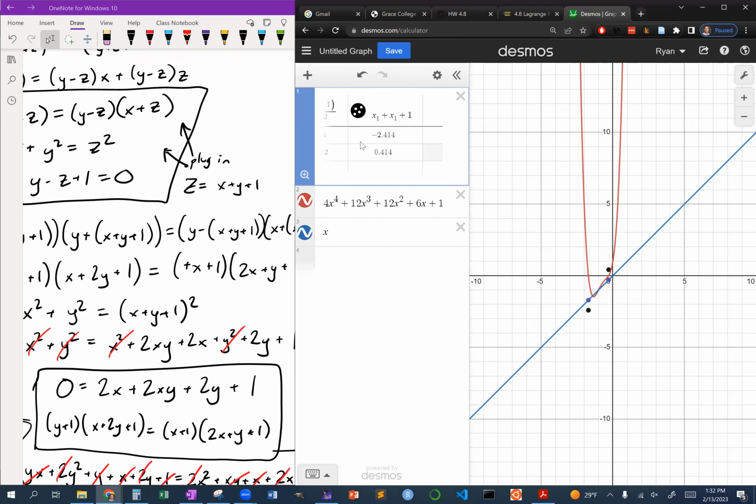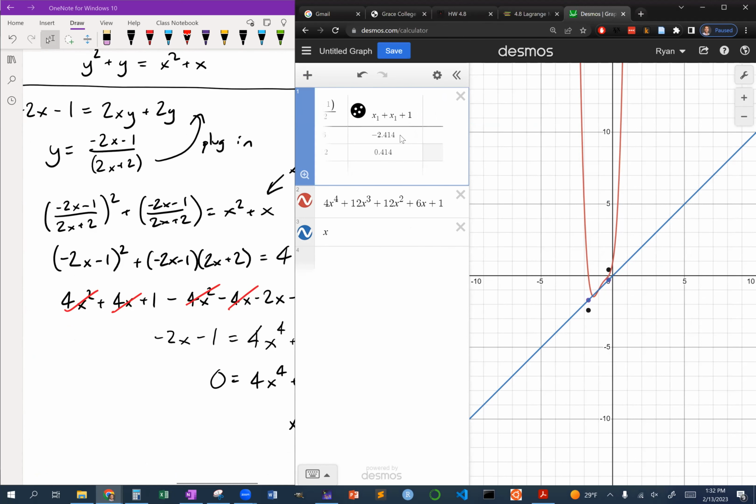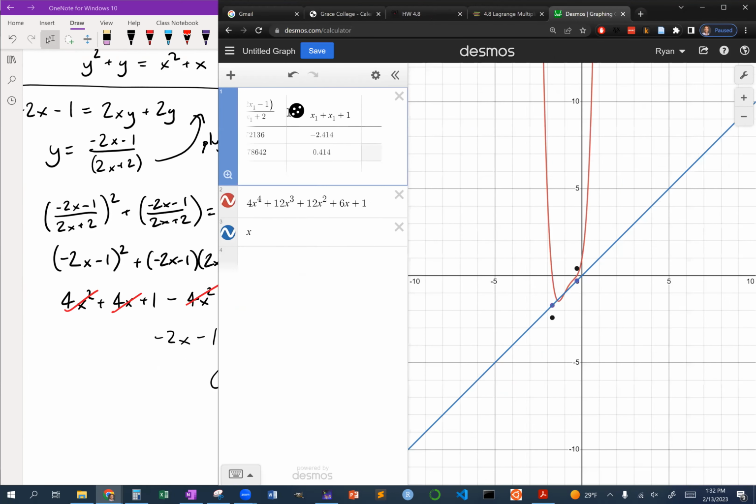So then that tells me that these look suspiciously like square root of 2 numbers. So there we go. Let's see.